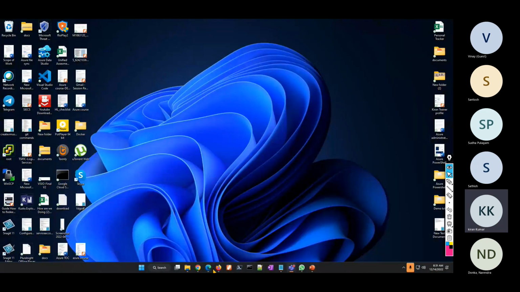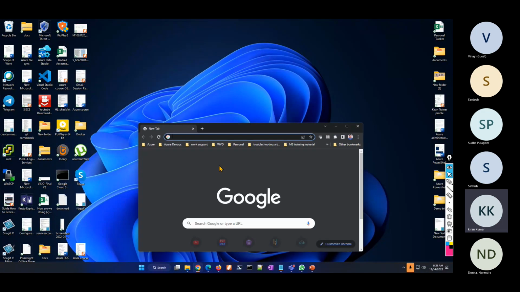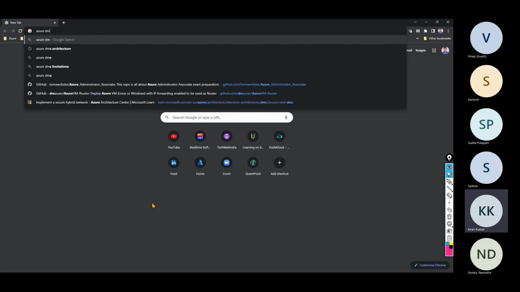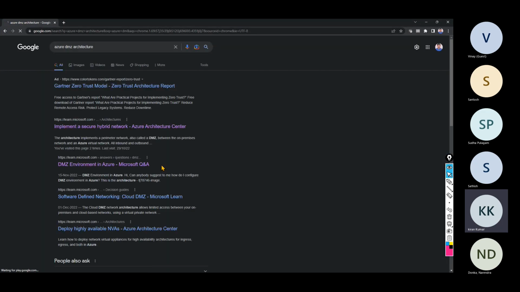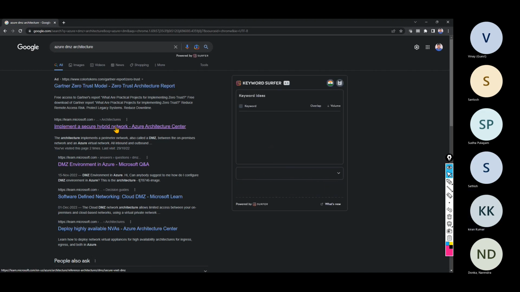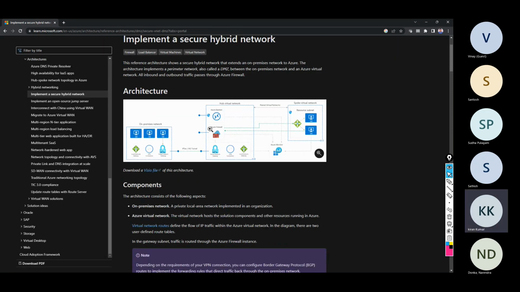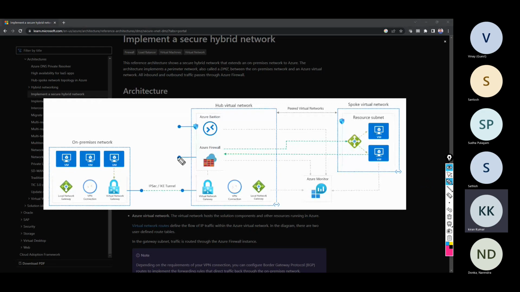And one more thing, DMZ is not anything special in Azure. Let me show you the Azure DMZ architecture. If you type it, it will show you hub and spoke only. Why? Because any traffic, you can see the dots here, that means if you get any traffic from on-premises, it goes to the firewall first, and only after that does it go on. Even for this VM or any resources, any traffic goes through the firewall only, to the load balancer.